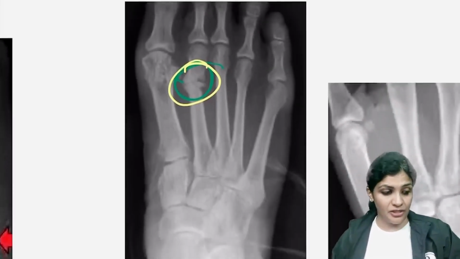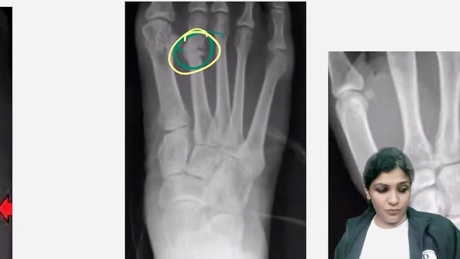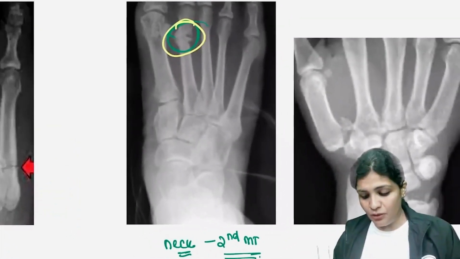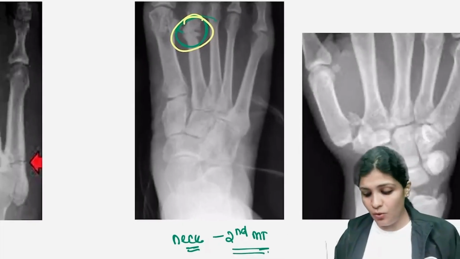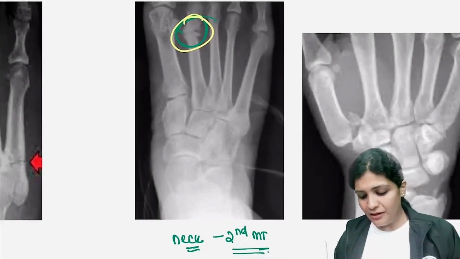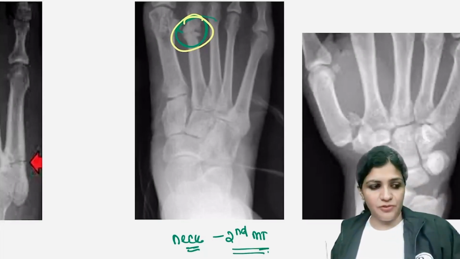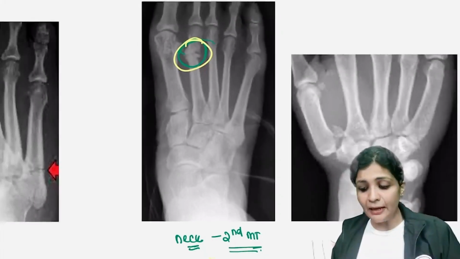Bennett is an oblique fracture. Yeah. Rolando is a three-part fracture. Very good. So here what happens is in the neck of the second metatarsal, usually by the time the patient reaches you, there is some amount of callus also which is formed. So this is an example of a stress fracture. So stress fracture, second metatarsal.